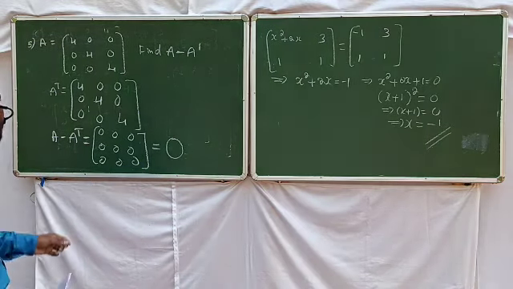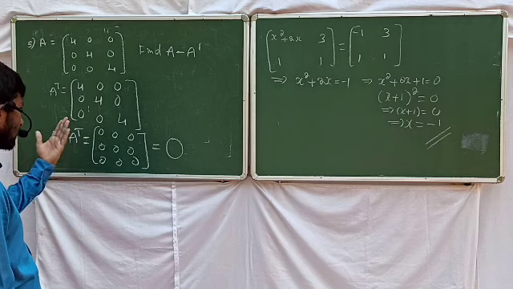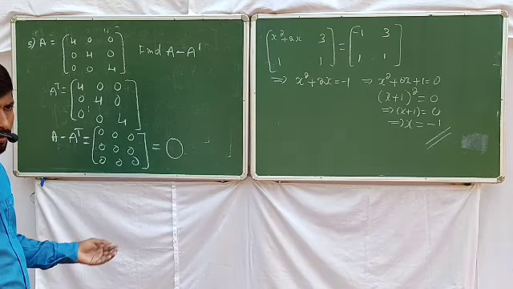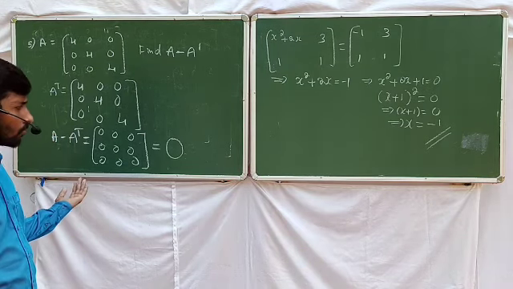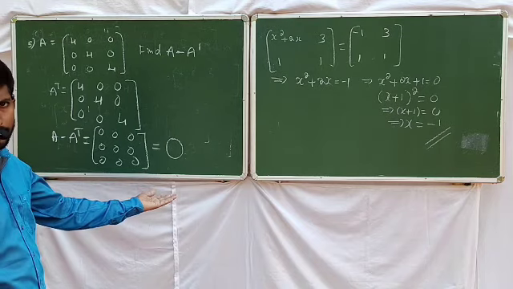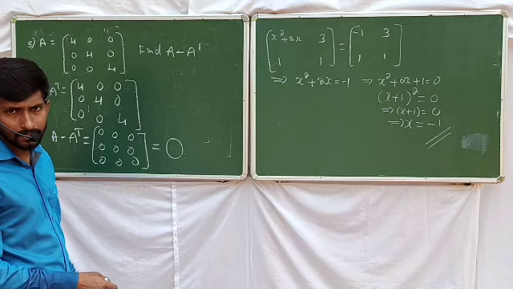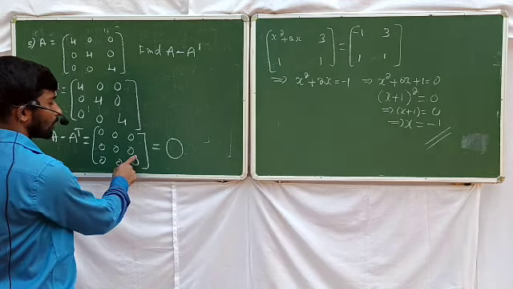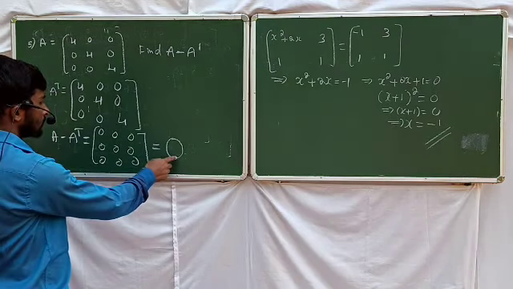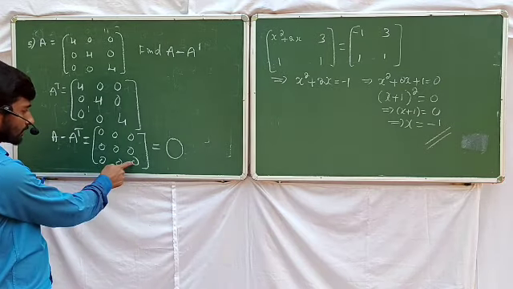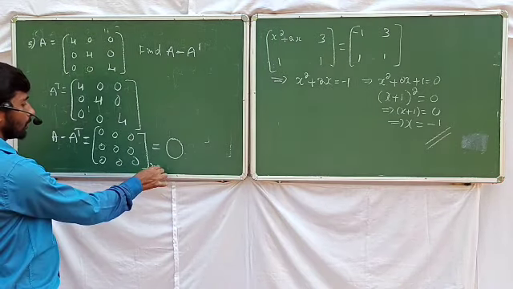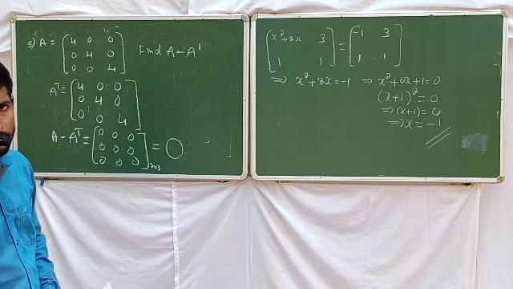A matrix whose all entries are equal to 0 is called a null matrix or zero matrix. Therefore the answer is not the real number 0, the answer is the zero matrix. Here 0 represents the zero matrix of order 3 by 3. Okay, answer is null matrix.